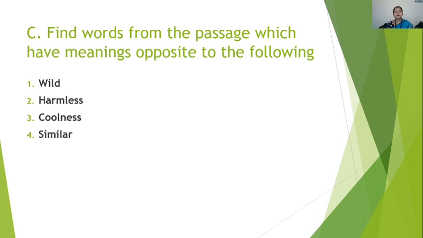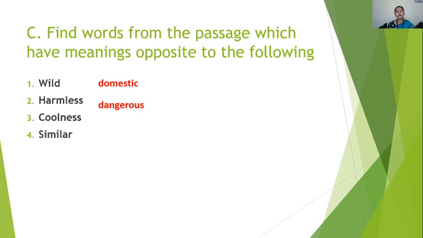Okay, now let's proceed. Now ma'am is going to help you. Wild. The opposite that is used in your passage is domestic. Cleared? Now the opposite of harmless. The opposite of harmless could be harmful also, but in the book, the word dangerous is used, so I will use dangerous for writing the answer here. Cleared?